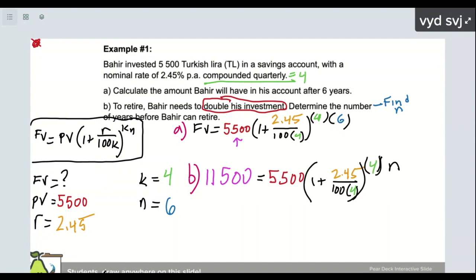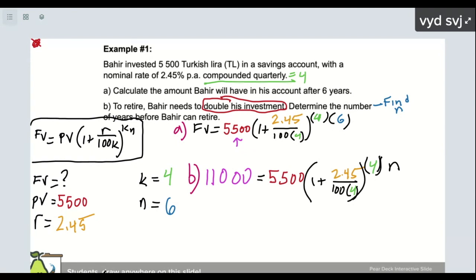And we've gone over, yes, I doubled the present value because he wants to have twice as much money. Oh, my bad, you're right. I don't know what I was thinking. I went too fast. This should be, there you go. Thanks for pointing that out. There you go, that makes more sense.